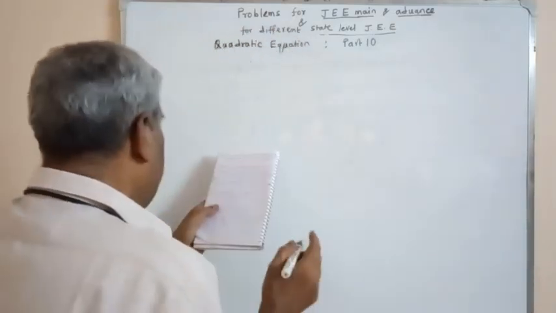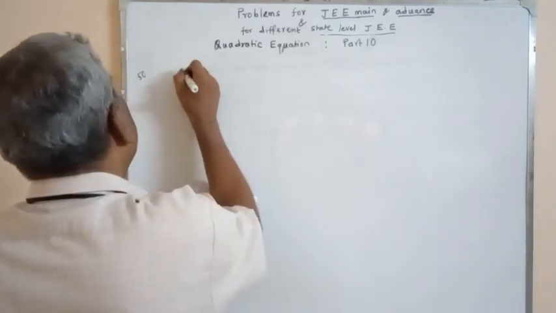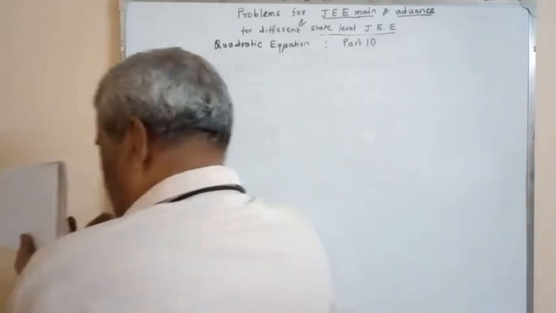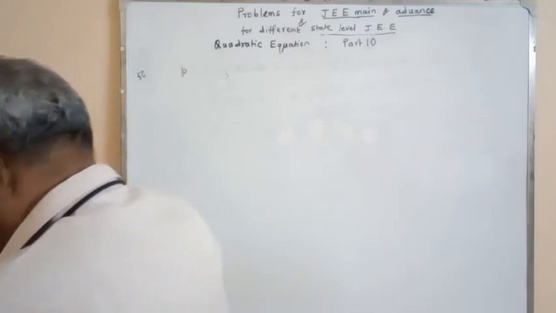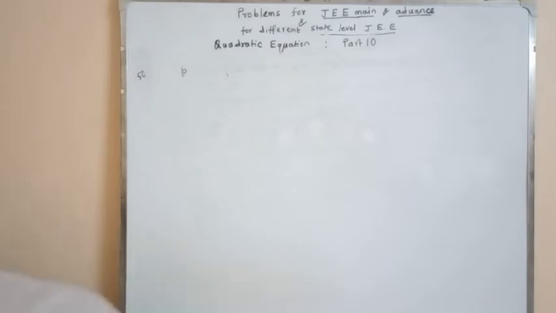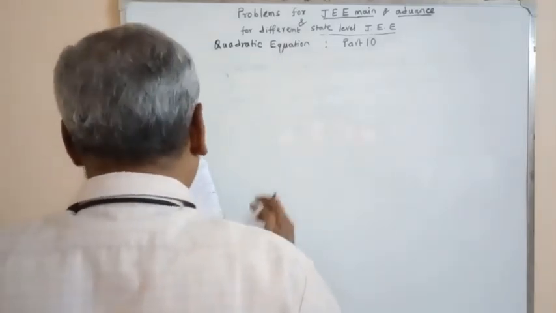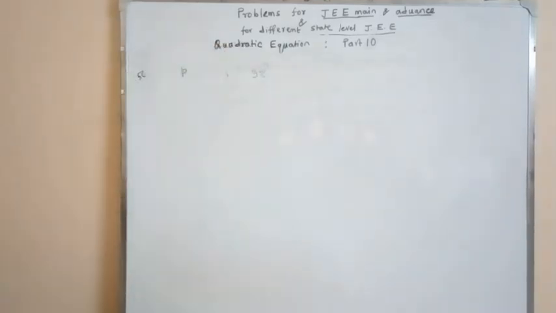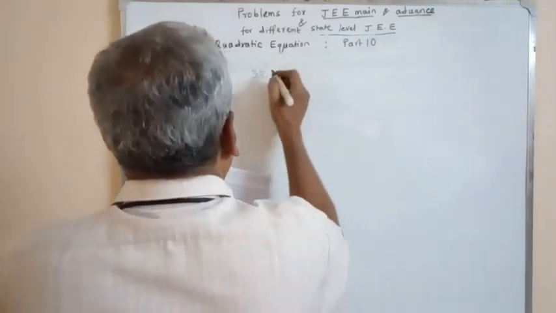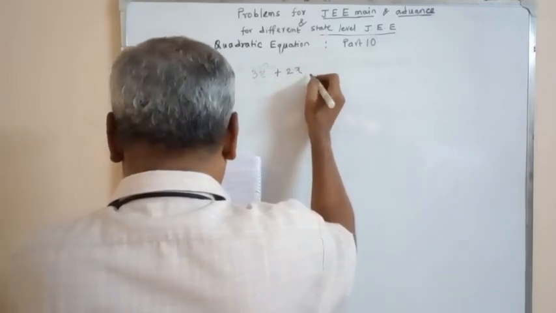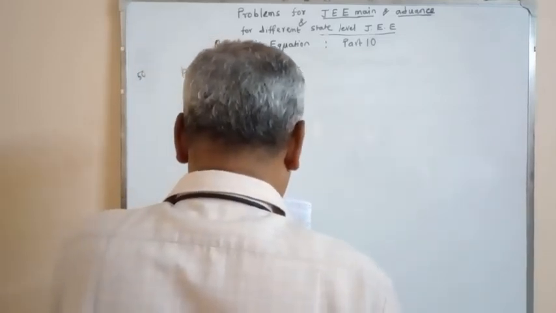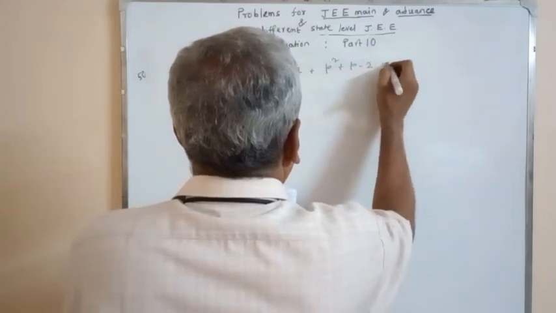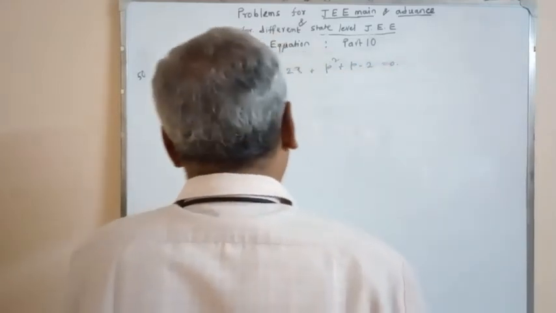The problem is: find the range of p such that the roots of 3x square plus 2x plus p square plus p minus 2 is equal to 0 are of opposite sign.